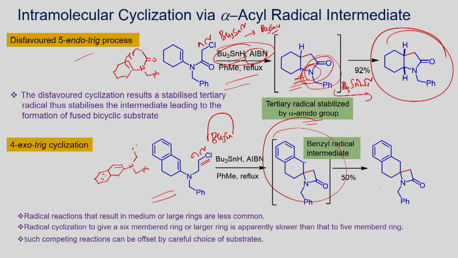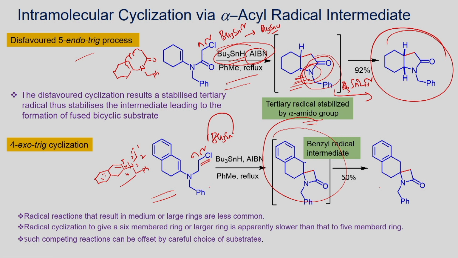Now there are two possibilities there. It can form a 5-endo cyclization, or you can also undergo a 4-exo cyclization.